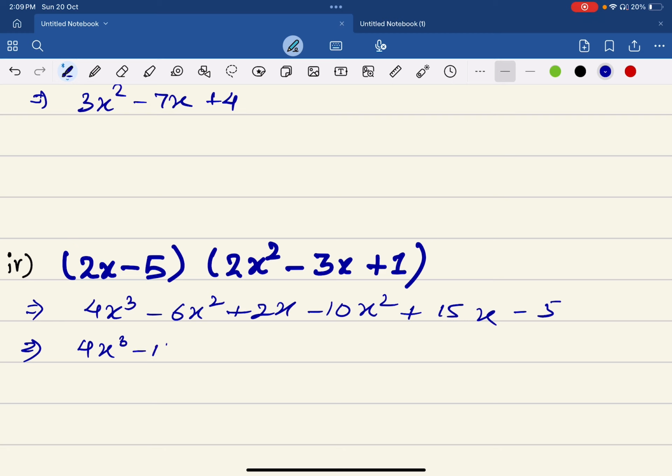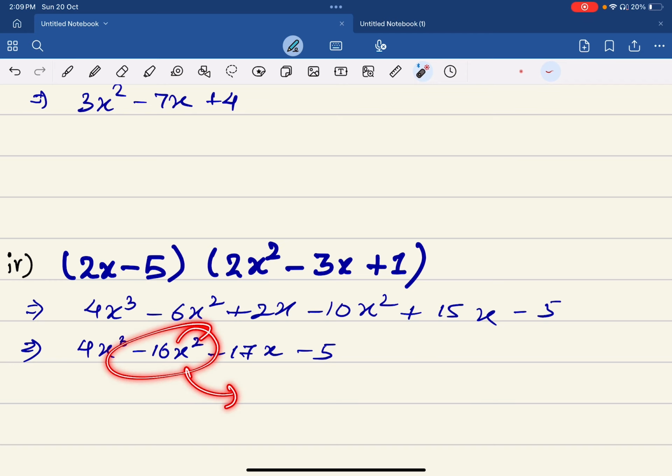It will give 4x cube minus 16x square plus 2x plus 15x. It will give 17x and minus 5. So the coefficient of x square here is minus 16. It is your answer. Okay.